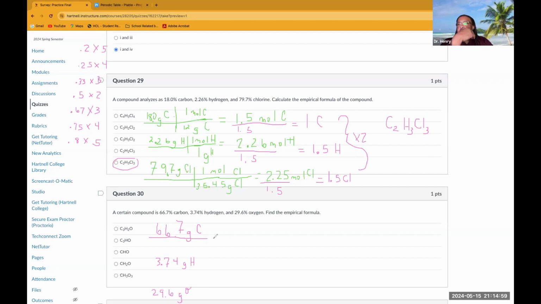Okay, so for our carbon, we know carbon weighs how much again? What is the molar mass or atomic mass of carbon? 12. 12. Okay.